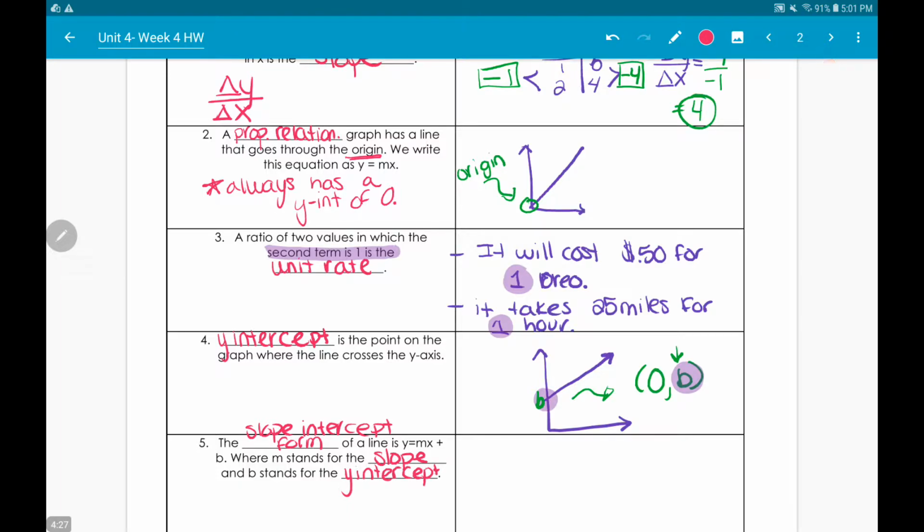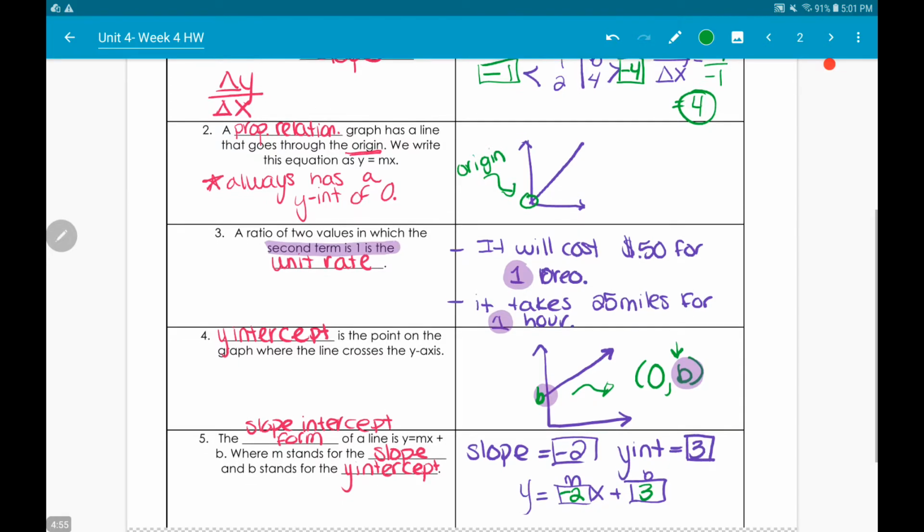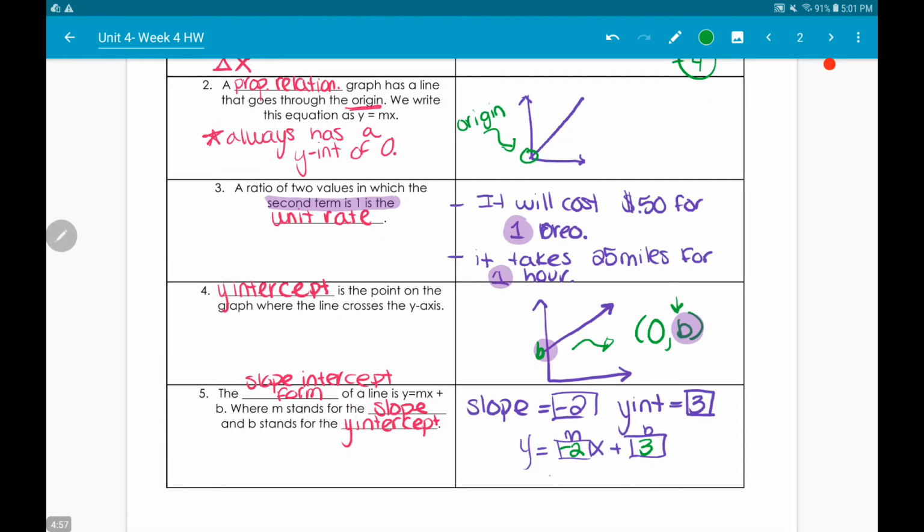So let's say my example was that my slope is negative 2, and my y-intercept was 3. My equation would look like y equals negative 2 goes with the m, and 3 goes with the b. All right, so in slope-intercept form, we have y equals negative 2x plus 3.